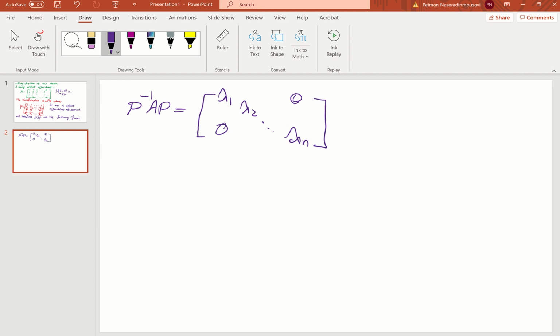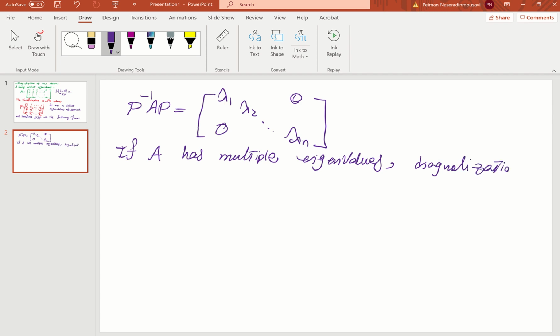Understand? So the take home message is that if a given matrix A, B, C, D, whatever, has multiple eigenvalues, because in the Jordan form we could make the state space representation when the matrix has a repeated pole, 3 repeated poles, diagonalization is impossible.